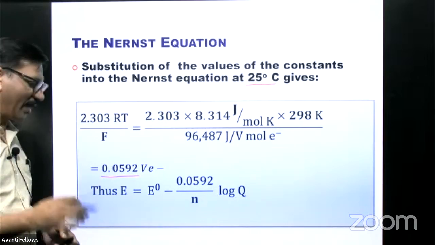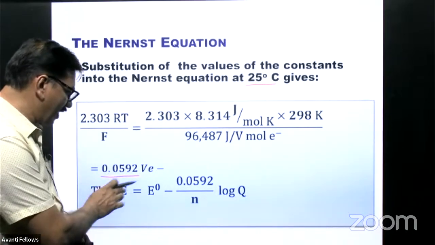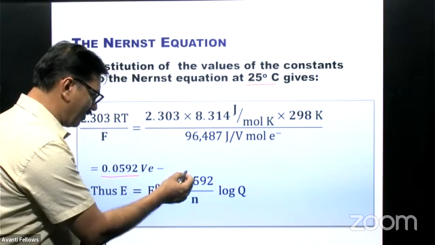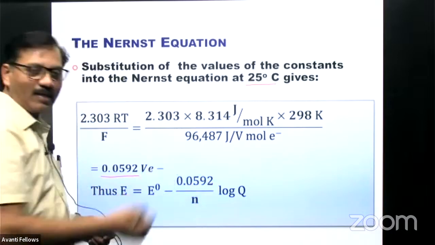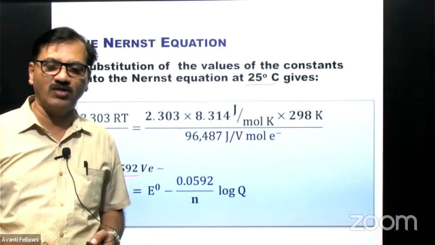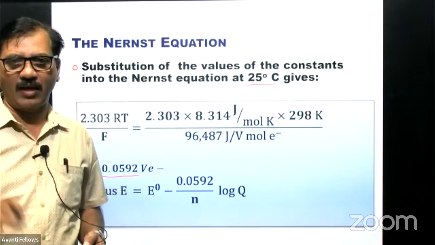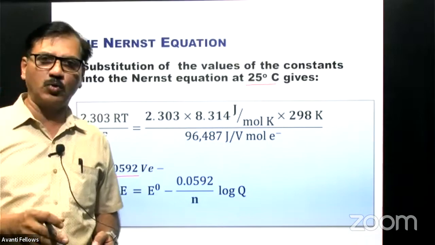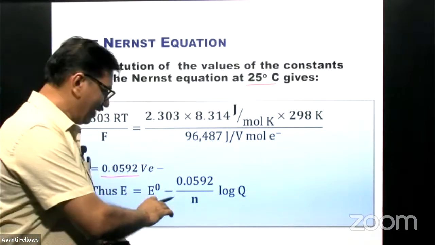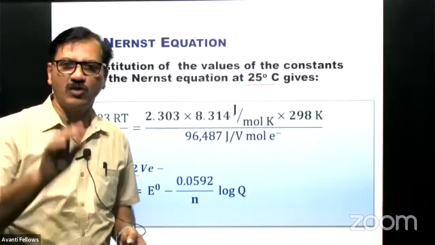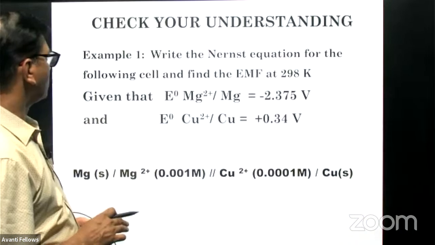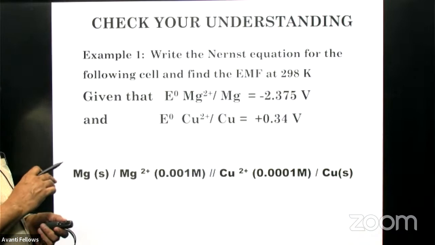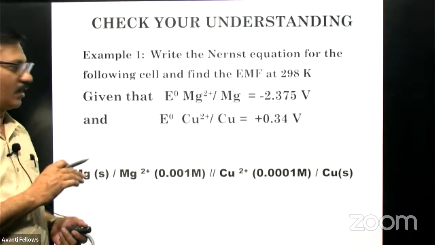Therefore, instead of writing E of the cell is equal to E0 cell minus 2.303 RT by nF, we simply write 0.0592 by n, where n is the number of electrons in transit. In the zinc copper cell, zinc gives 2 electrons, and the copper 2 plus ion receives 2 electrons. Therefore, the n value is 2. Now, let us take an example and numerical and understand it further.